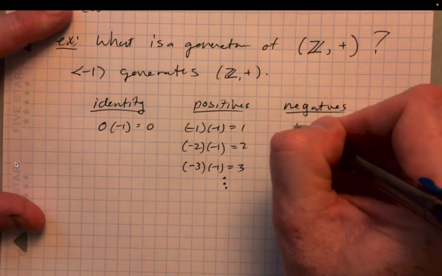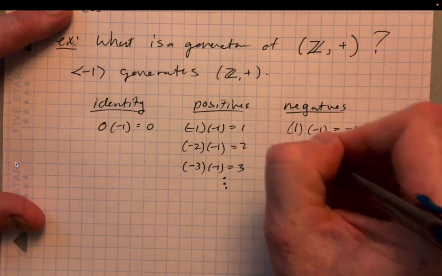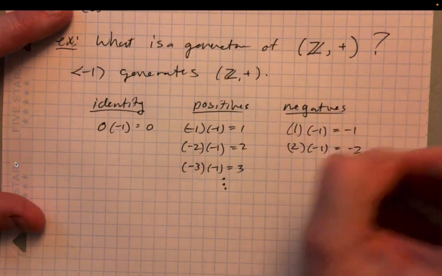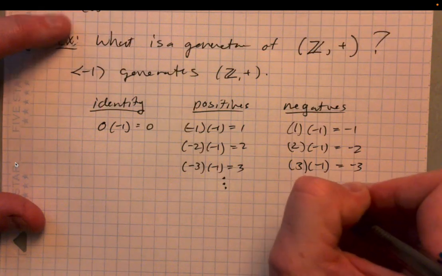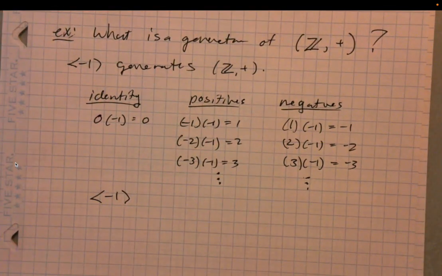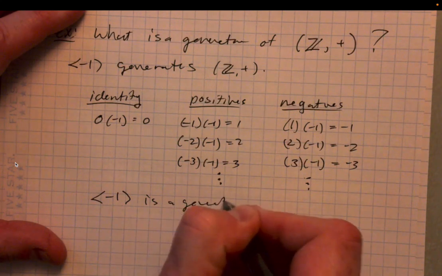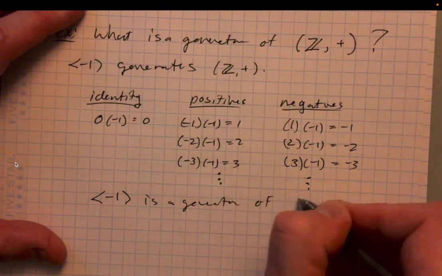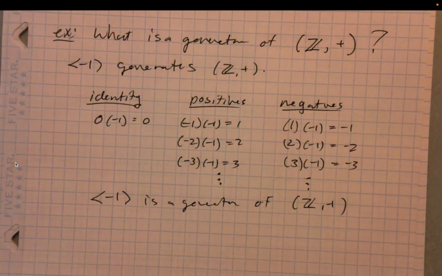And that's just going to be 1 times -1 is -1. 2 times -1 is -2. 3 times -1 is -3, and so on. Right, so this element, the element -1, is a generator of Z plus. Cool. Okay. Very good.